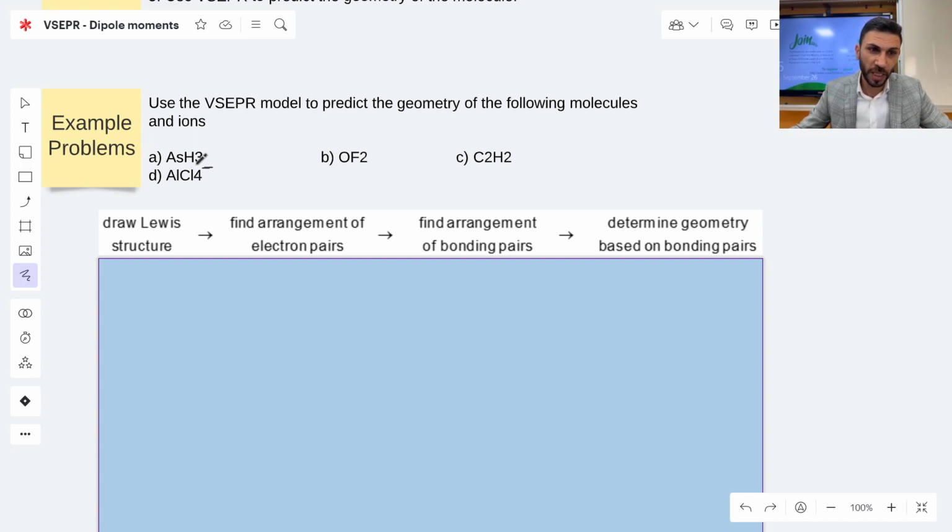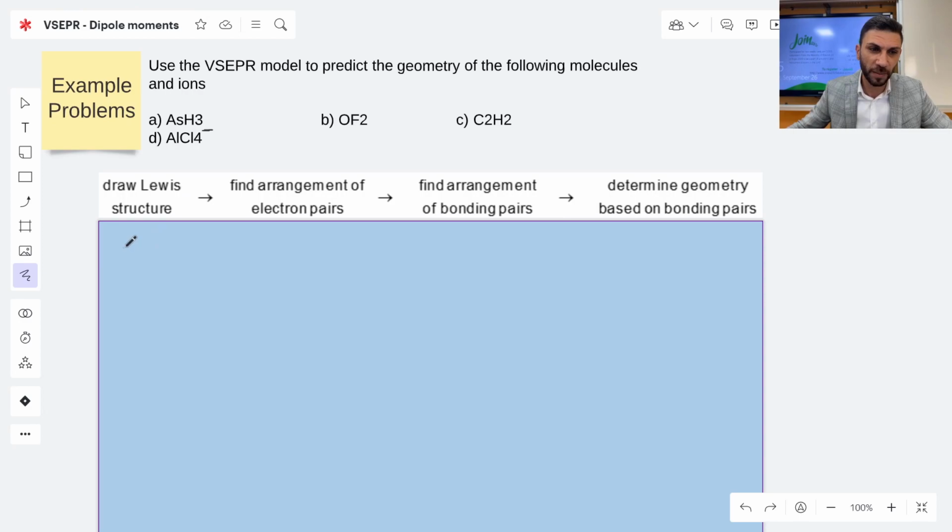For example, AsH3, OF2, C2H2, or AlCl4 negative. I'm going over them quickly for now because we're going to have a special video to solve all those problems, but this is only an example of how we solve this problem. So let's talk about, for example, B, and the compound is OF2, and we need to predict the geometry of this compound.